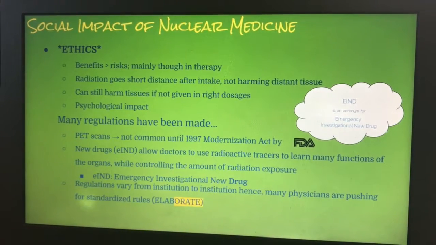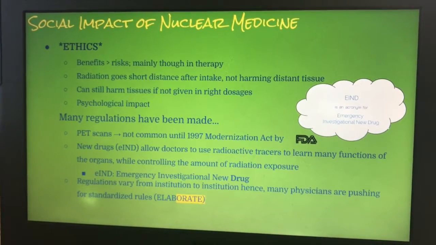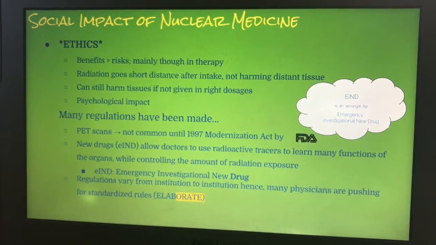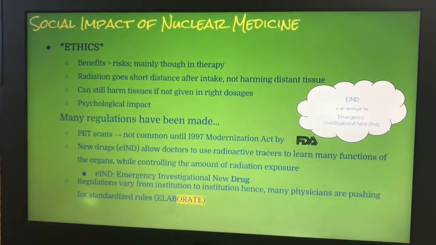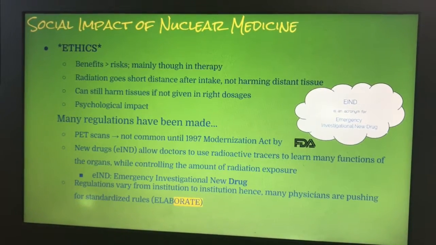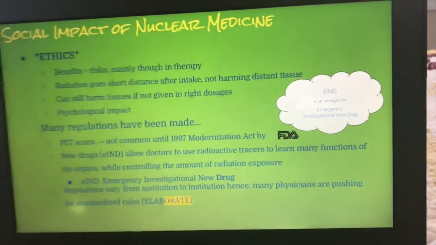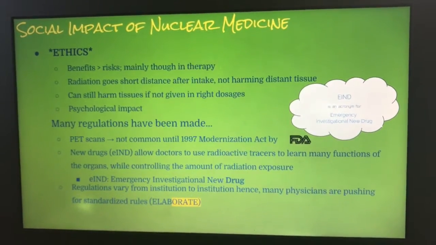Also on the topic of research, new drugs, or EINDs, which is defined as an emergency investigational new drug, which is also based off of research, may push more physicians or researchers to use tracers that go further, do more harm, and potentially risk some things.